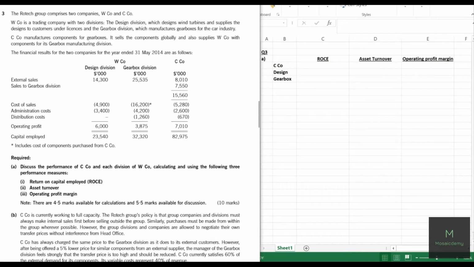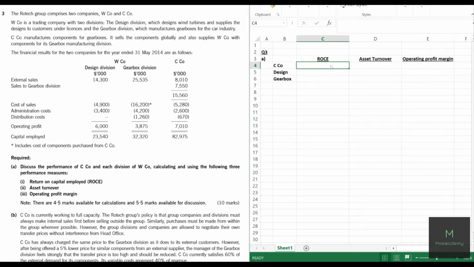So no mention of any controllability aspects. So we'll simply take the operating profit in that case instead of controllable profit, and we'll take the capital employed. So operating profit over capital employed for ROCE. So for CCO, the operating profit is 7,010 divided by 82,975. Okay.